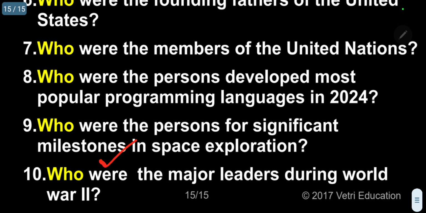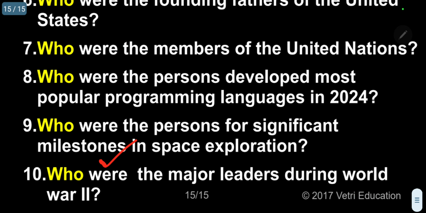So I have given a very clear idea using who as a starting word. How can we raise questions using different auxiliary verbs? Is, are, then was, were, like that I have discussed.